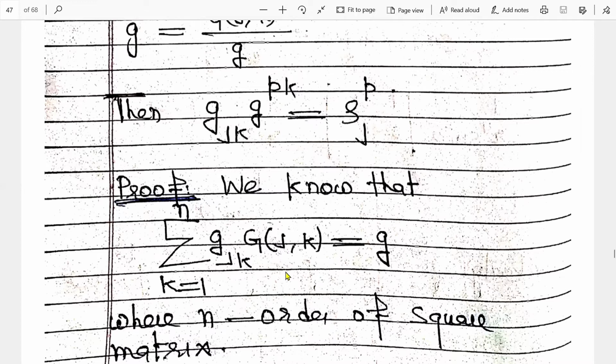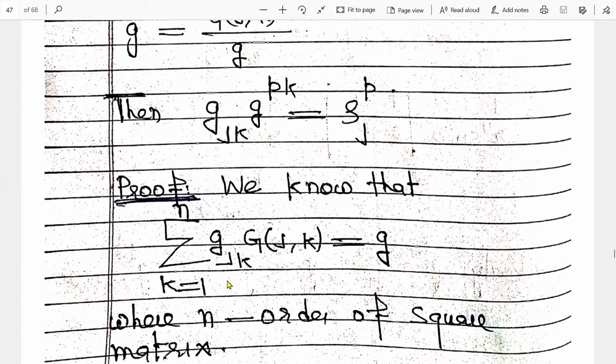Or this is the determinant of a square matrix of order n, remember. So it means j is running from 1 to n and k is running from 1 to n. So first understand this summation. Now this summation we can convert into Einstein's summation convention.